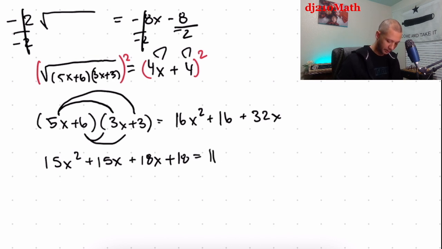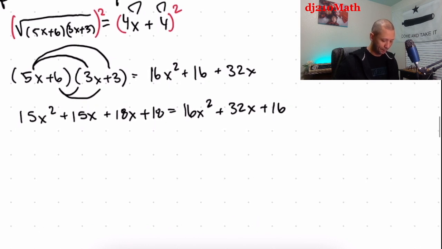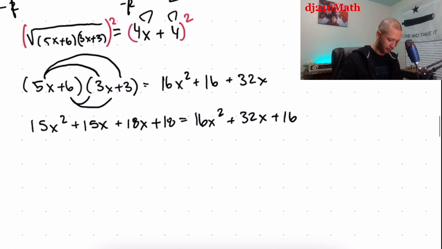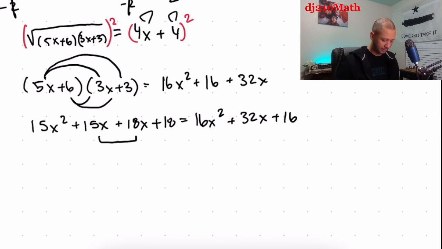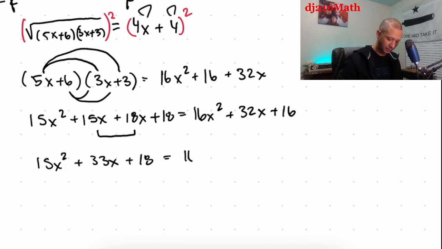So this is going to be 16x squared plus 32x plus 16. Okay. On the left, we can combine 15 and 18. That's going to be 33. This is 15x squared plus 33x plus 18 is equal to 16x squared plus 32x plus 16.